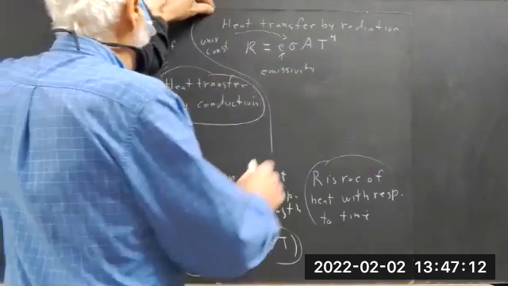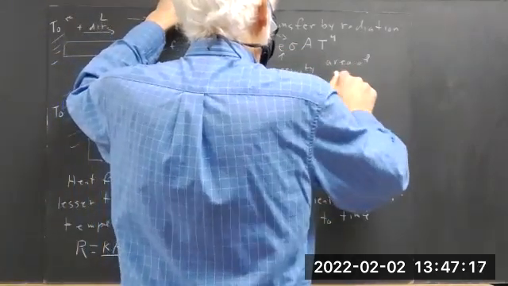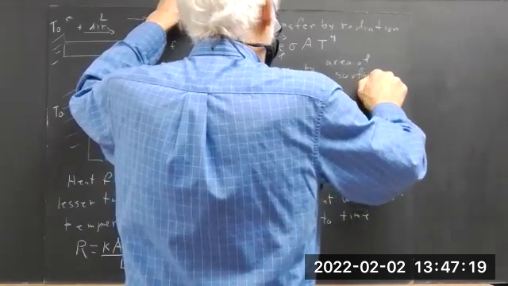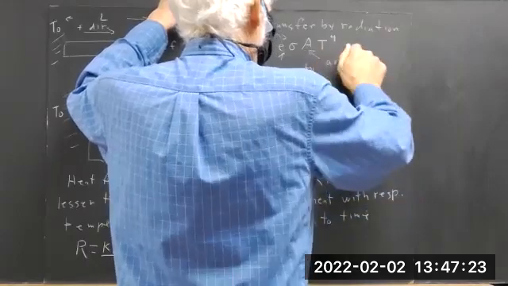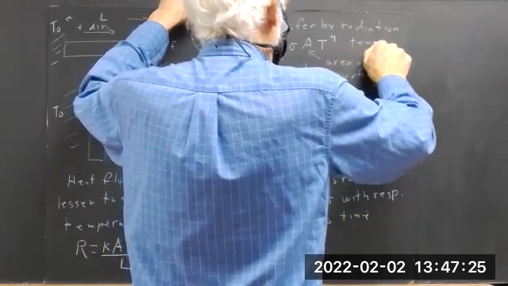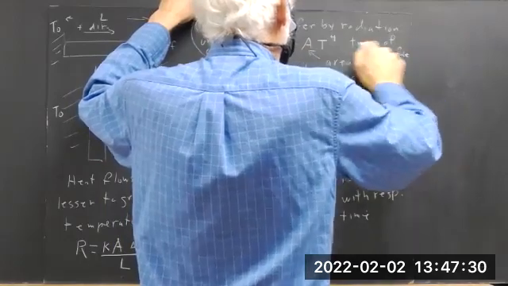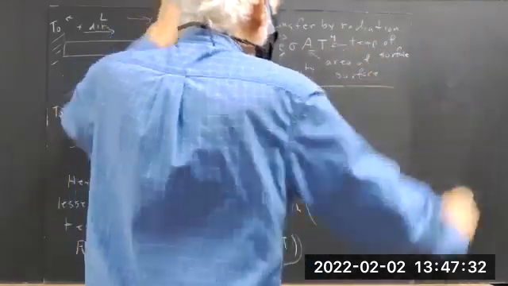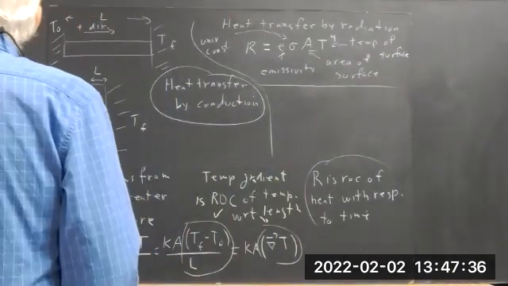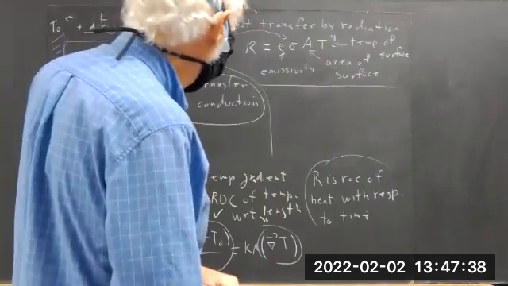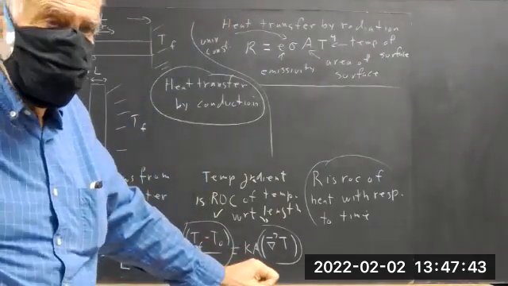Okay, area is A. T is the temperature of the surface. The radiation is just like light.